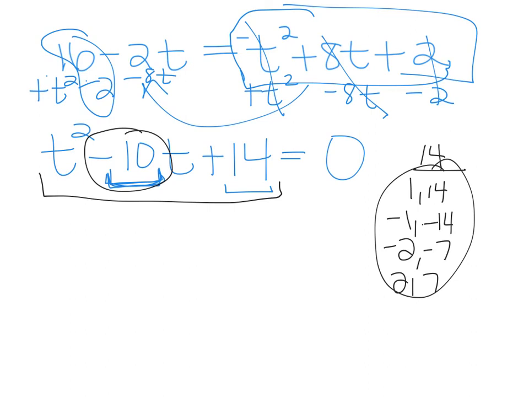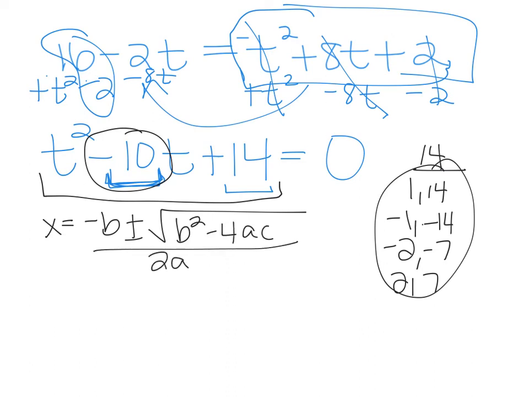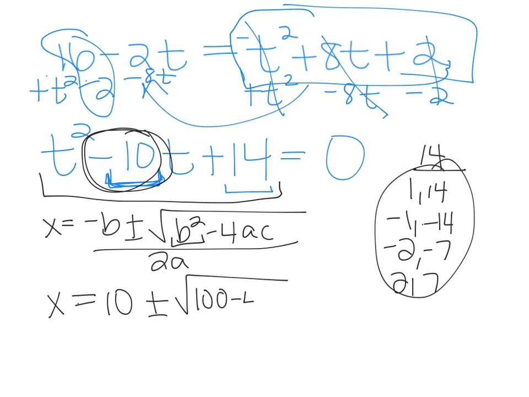So I'm going to go ahead and use the quadratic formula. x equals the opposite of b plus or minus the square root of b squared minus 4ac, all over 2a. The opposite of b is the opposite of negative 10, so that's positive 10, plus or minus the square root of negative 10 squared, which is 100, minus 4 times 1 times 15, all over 2 times the a value.